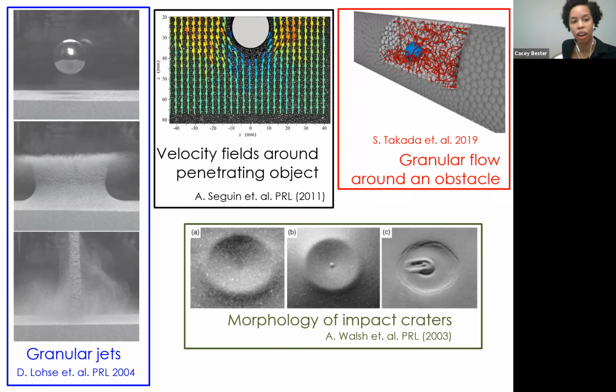And there are efforts to connect those small scale results in granular media to more planetary scale impact craters, and trying to develop scaling relations based on the depth and diameter of craters to the impact energy that could have led to those particular shapes. Okay, yeah, thank you for pointing that out.